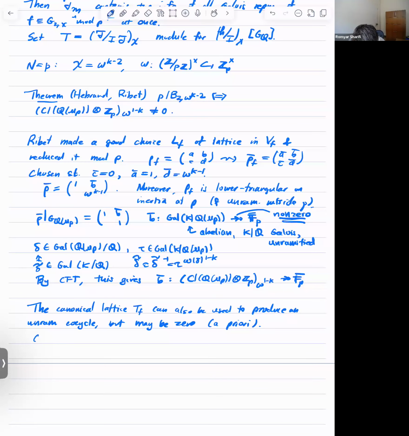So a conjecture of mine, which I'm going to discuss shortly, implies that in fact these two lattices are the same.